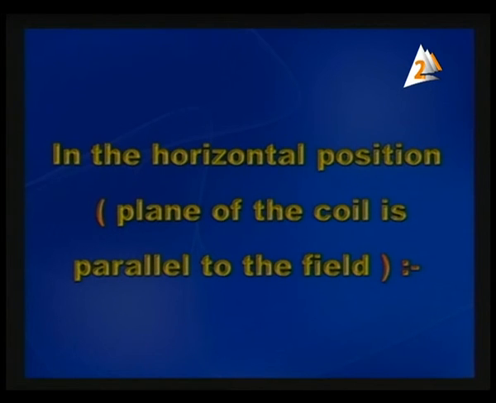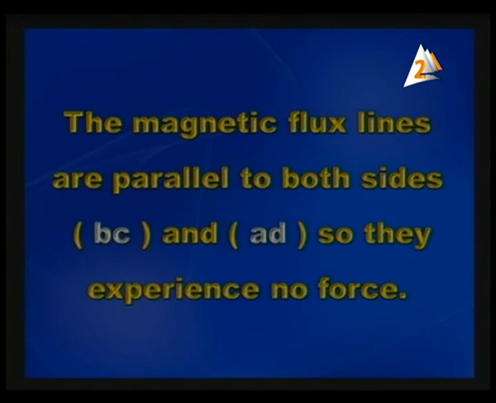In the horizontal position, the plane of the coil is parallel to the field. The magnetic flux lines are parallel to both sides BC and AD, so they experience no force.